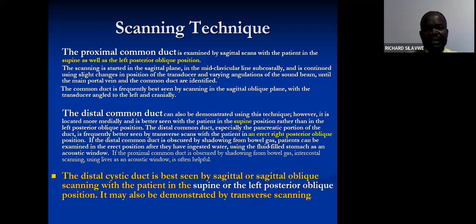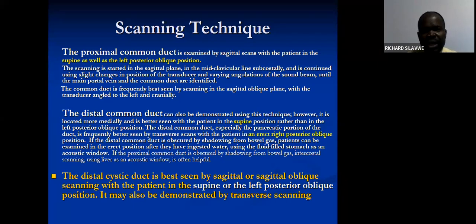are identified. So basically here, you'll be able to scan the patient in supine position. Sometimes you can scan the patient in the left posterior oblique. Then you angle the transducer to make sure that you identify the portal vein. The moment you identify the portal vein and elongate it, you'll be able to see the common bile duct just anterior to the portal vein.